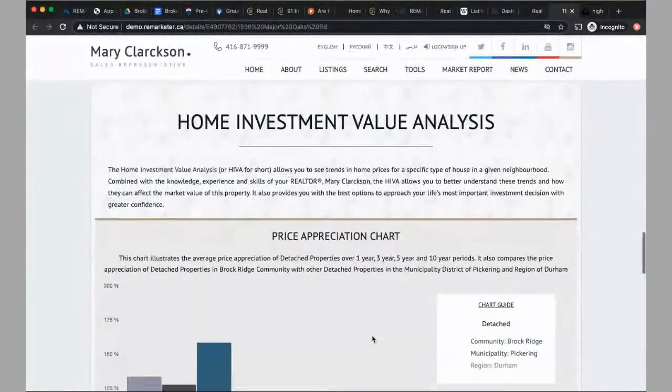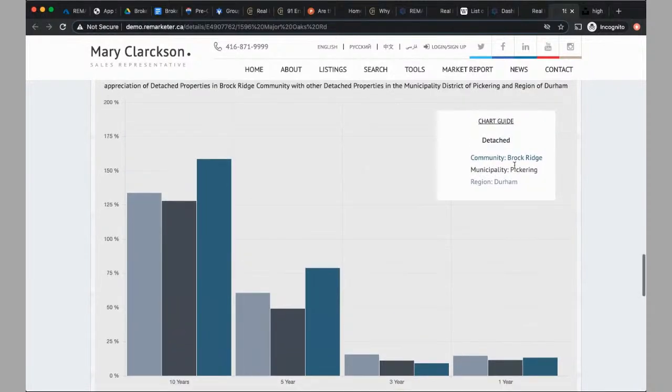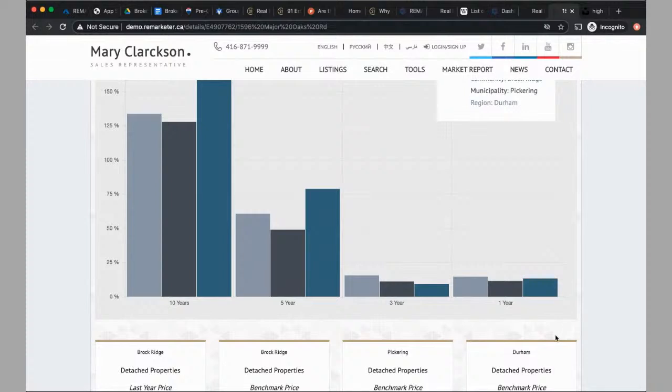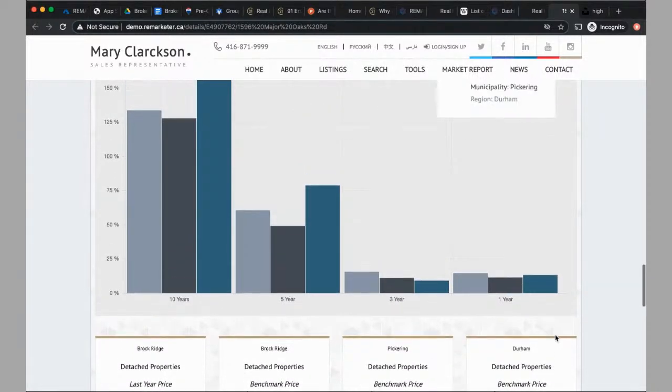We then have the investment portfolio. So basically this will show you how the growth trends look like for this type of property in this area. So you can also use these numbers for basically arriving at some conclusions if you're looking to also consider the growth and capital gain potentials of this property.